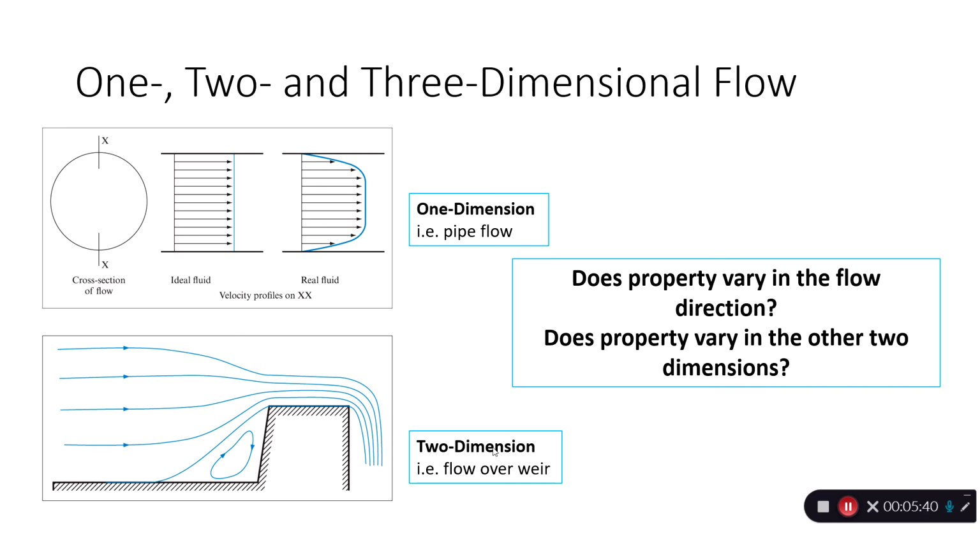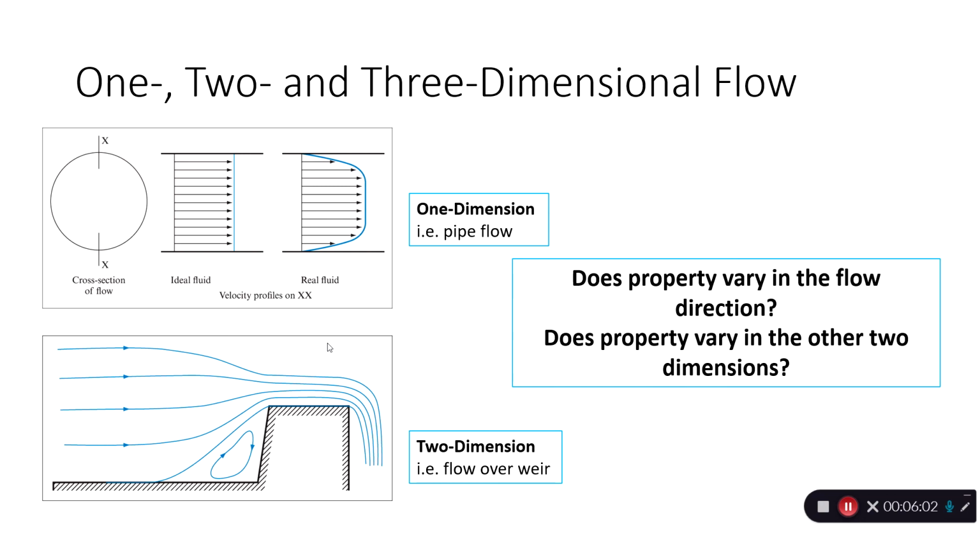A two-dimension flow is where the velocity is changing in two directions. So it's changing horizontally, but it could also change vertically. So you see this flow can go up and down. Okay, can move in a circular form like this. So of course a 3D flow is a flow where the velocity changes in all dimensions.